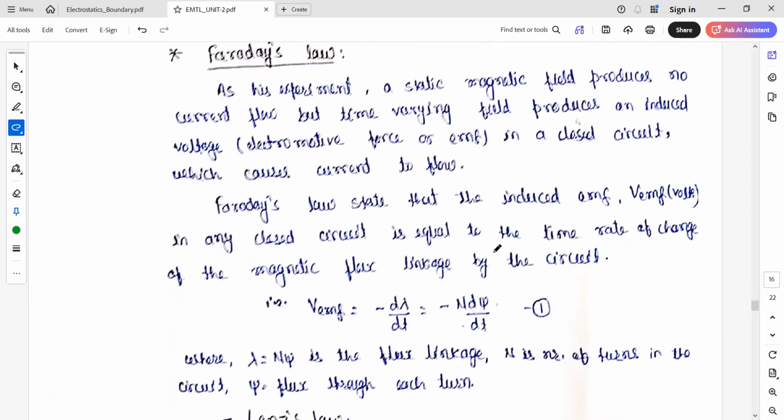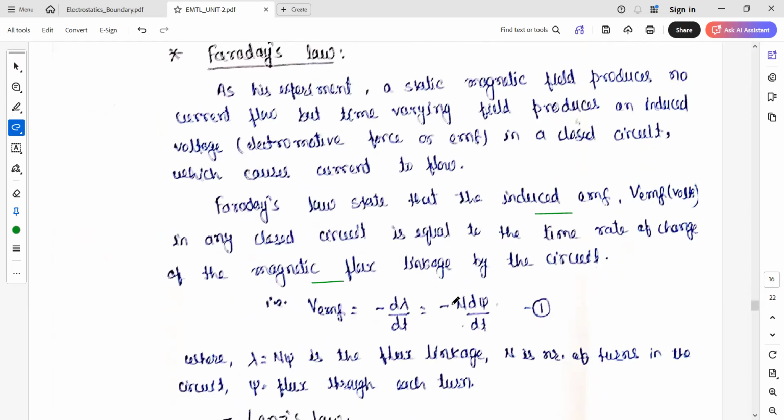Faraday's law states that the induced EMF in any closed circuit is equal to the time rate of change of the magnetic flux linkage by the circuit. So EMF equals minus dλ/dt equals minus N dΦ/dt, where N is the number of turns.